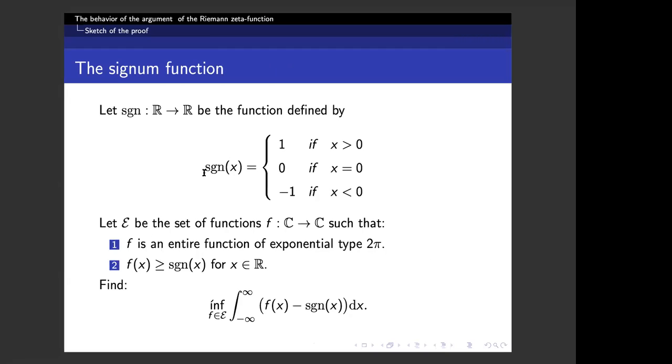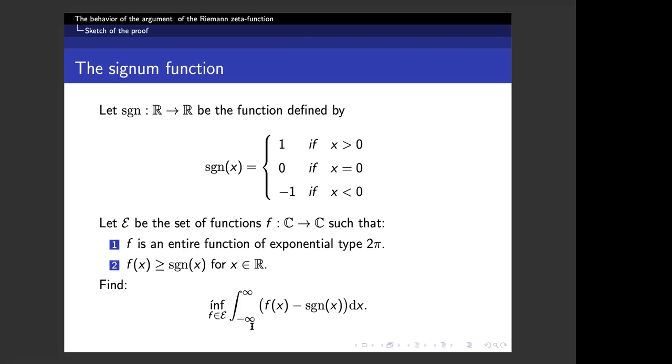For instance, the signum function. If you have the signum function and you have the set of entire functions of exponential type 2 pi, such that f(x) is bigger than the signum function, I would like to find the infimum of this integral. So I would like to find the minimal of this integral.